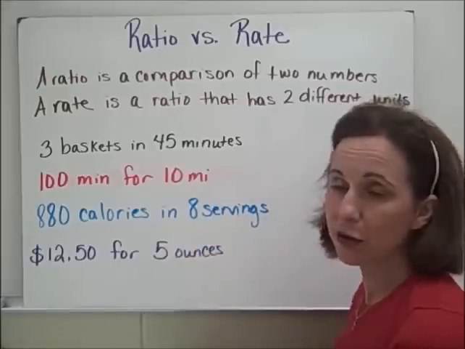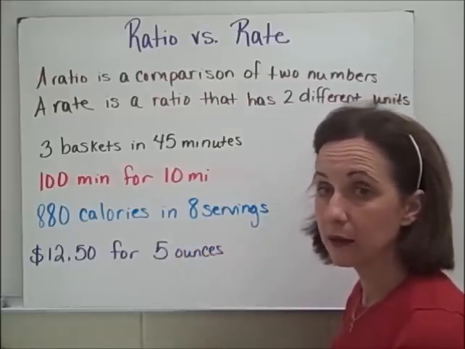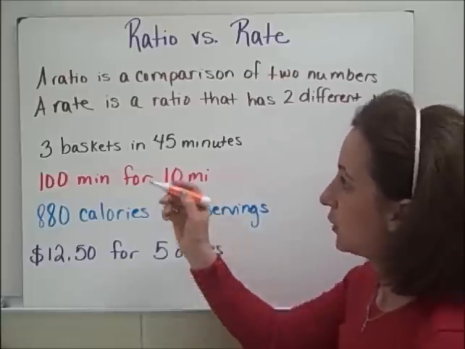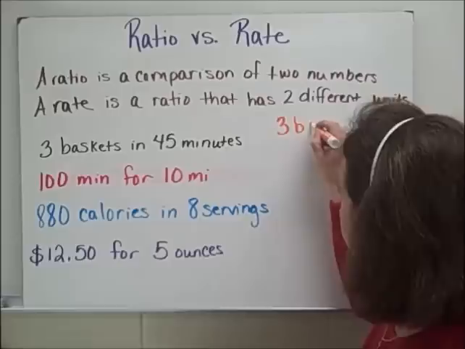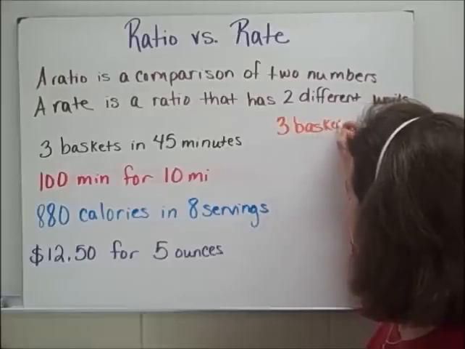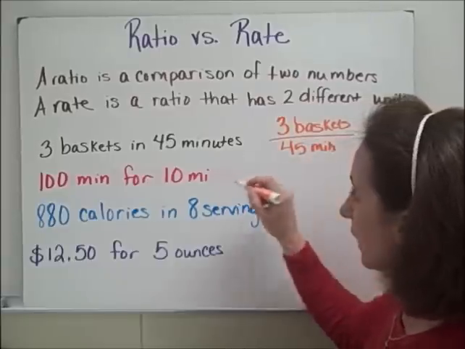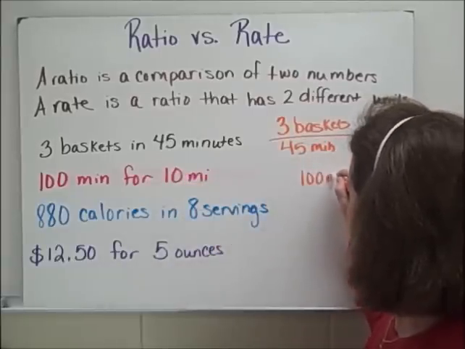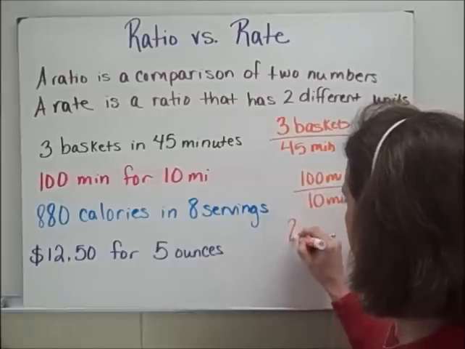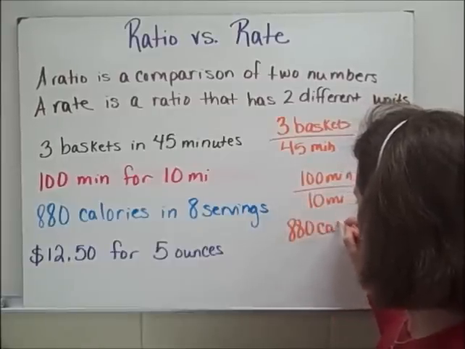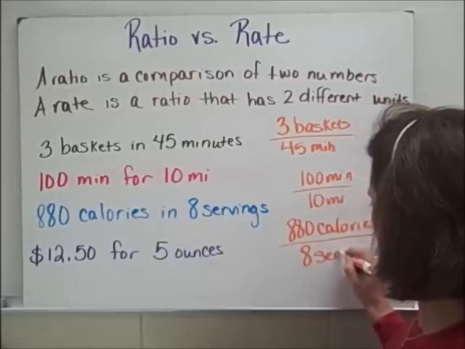If I were to ask to write these as rates, that would mean to write them in fraction form. So 3 baskets in 45 minutes would be written 3 baskets over 45 minutes. 100 minutes for 10 miles. 880 calories for 8 servings.